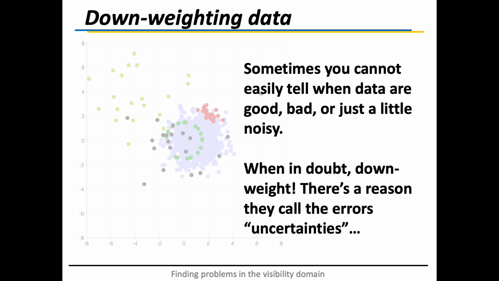But if you run into a case where you're not sure, you're not totally clear whether or not there's a problem, you can always downweight data. If you see that there's a particular baseline that looks noisy, or a particular block of time where the visibilities just look like they're going all over the place, but you're not 100% sure whether or not the data is good, you can take this intermediate, more Bayesian approach of just downweighting the data, saying, okay, this data is probably not as good as the other data that I have.